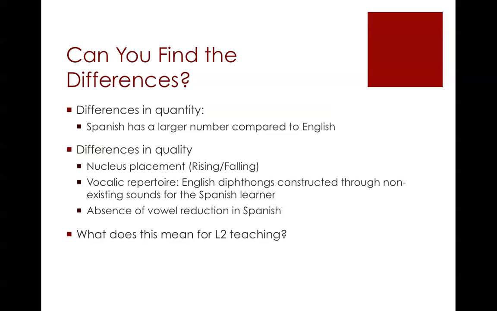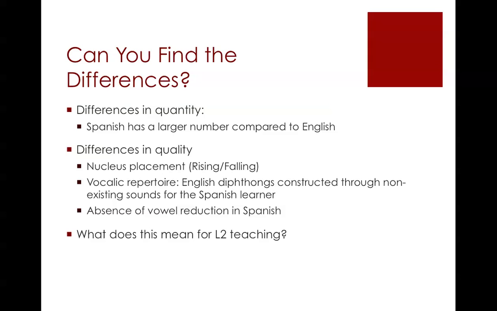The differences related to the vocalic repertoire, and differences related to the absence of vowel reduction in Spanish. The vocalic repertoire is very important because English diphthongs are constructed through sounds that do not exist in the Spanish phonology, so this is an issue that must be taken into consideration.